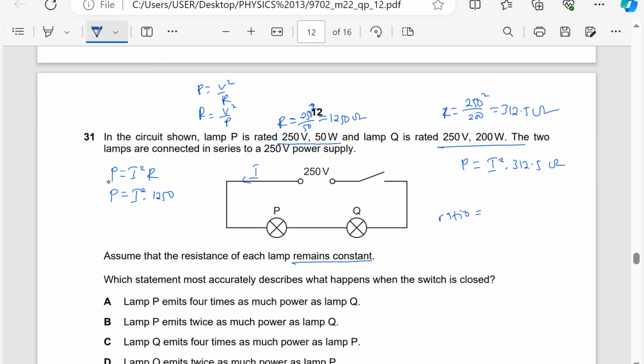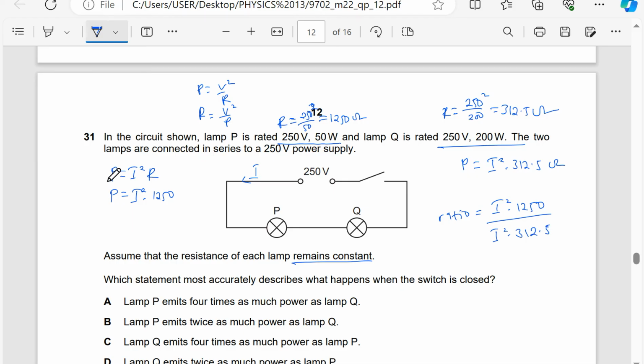Let me check the ratio. The ratio of power for P over power for Q is going to be I squared times 1250 divided by I squared times 312.5.